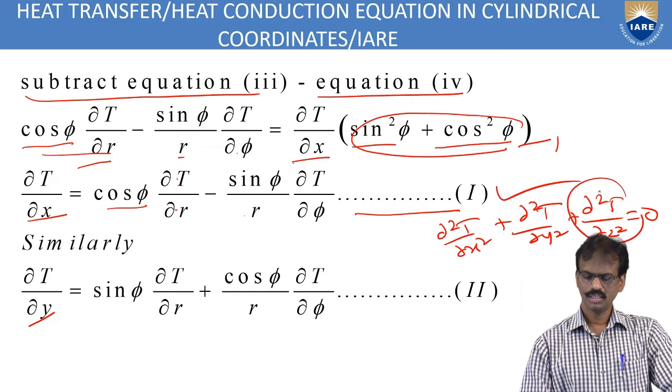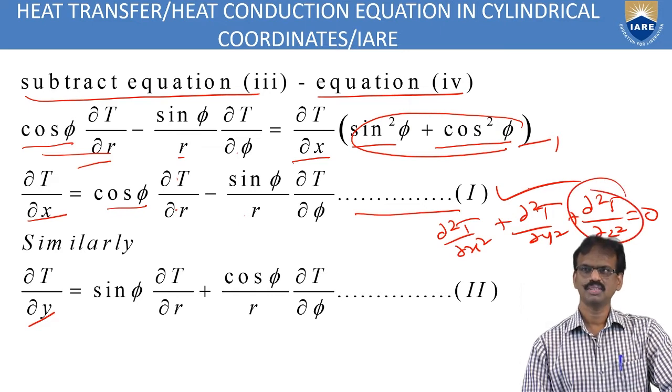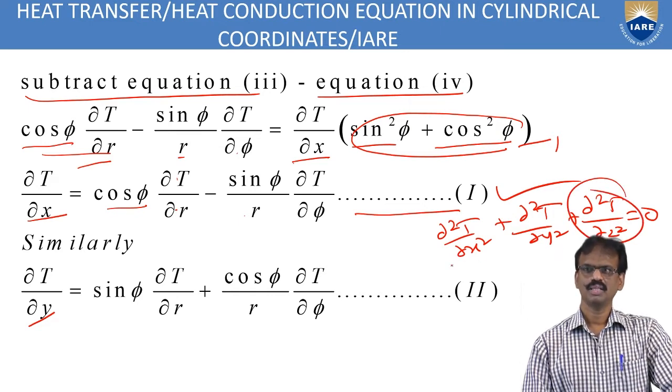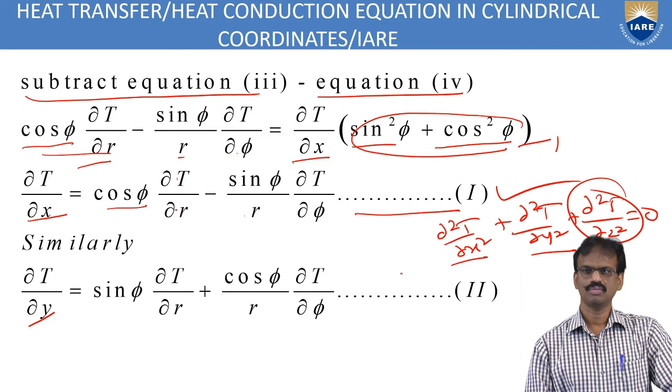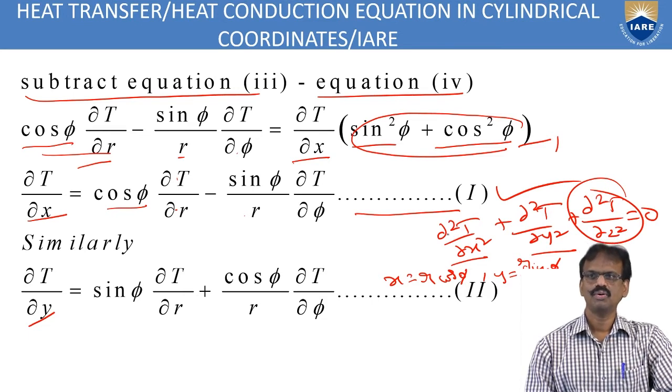So here the z value will not be changed, but x and y are changed because, in the cylindrical system, x is equal to r cos φ, y is equal to r sin φ. So how do we find ∂²T/∂x²?